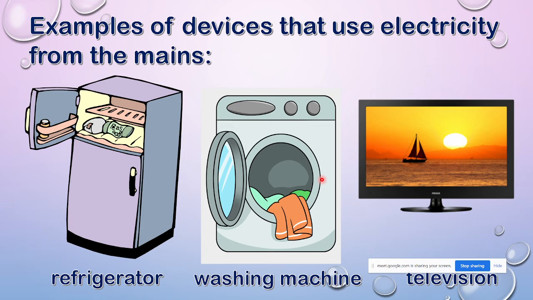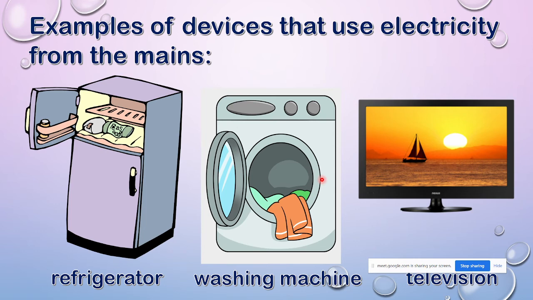Before it becomes cold, it uses a lot of electricity. So usually devices that use the mains have to use a lot of electricity because the mains give you strong electricity, not like batteries.